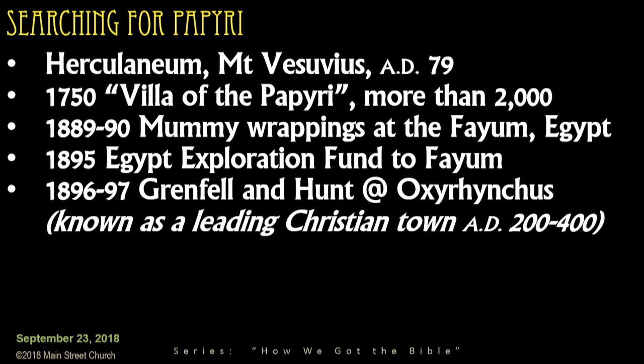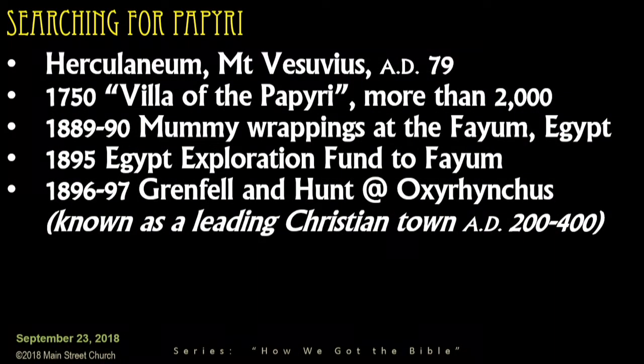And they said, this is an interesting thing, let's go in the area to a town called Oxyrhynchus, or I don't know how to say it. But they went there particularly because in the history, Oxyrhynchus was a very famous Christian community in the area. So if we're going to find Greek New Testament, that might be a good place to start digging.